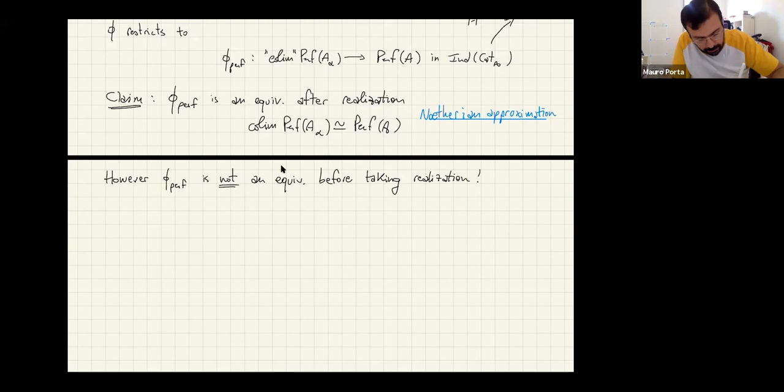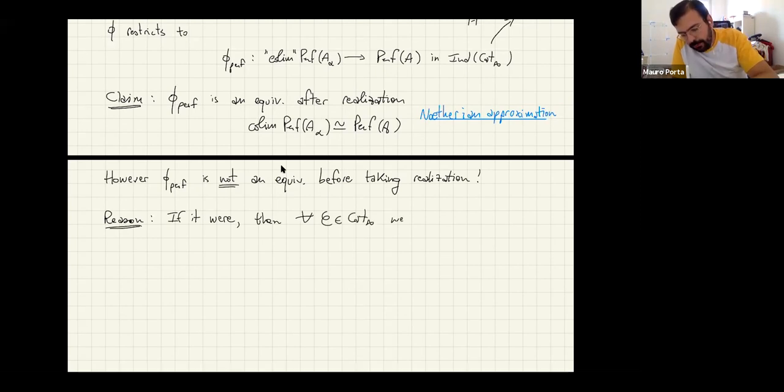And the reason is that if it were, then for any infinity category C, we would have that functors from C to the colimit of perf A alpha, well, these are computed inside the Ind-cat.